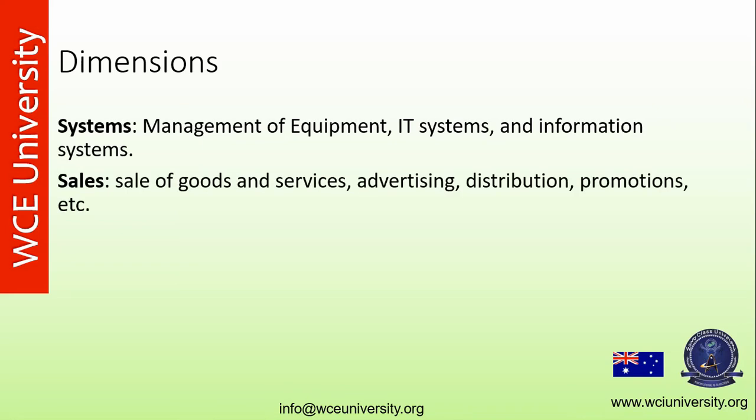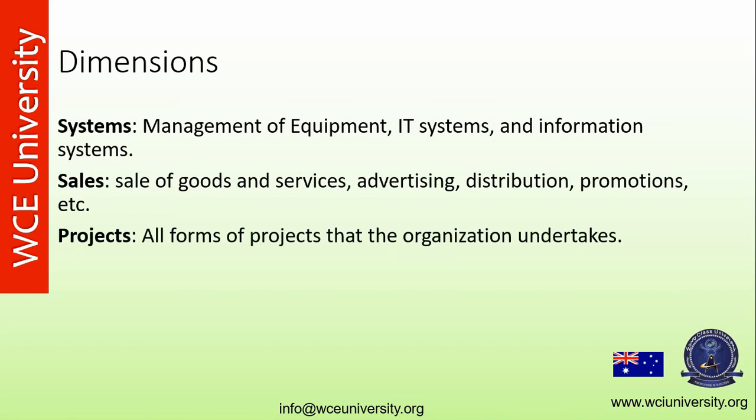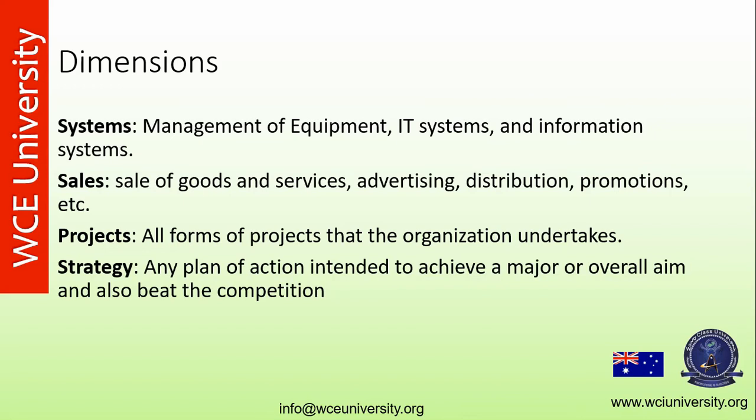Sales, sale of goods and services, advertising, distribution, promotions, etc. Projects, or forms of projects that the organization undertakes. Strategy, any plan of action intended to achieve a major or overall aim and also beat the competition.